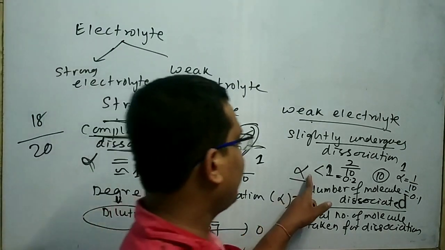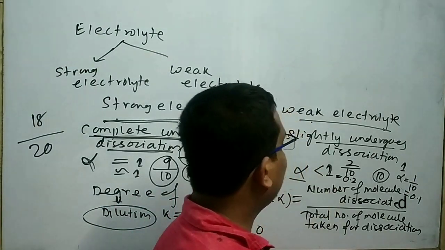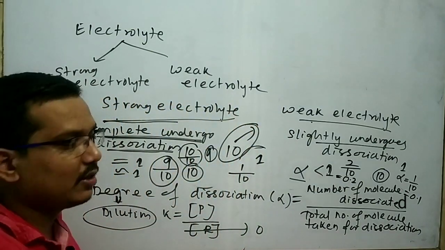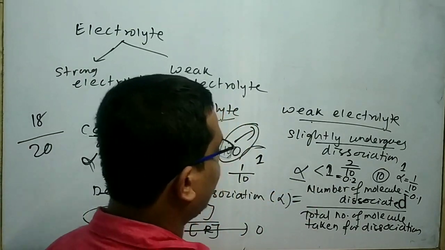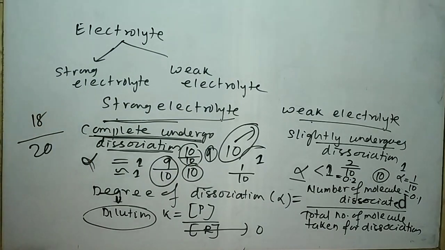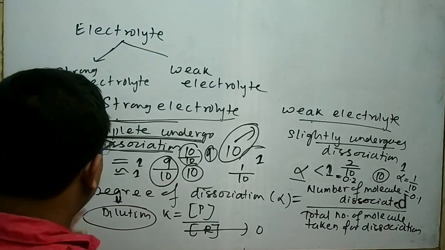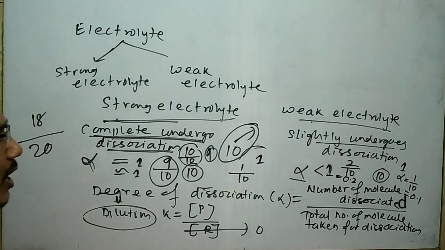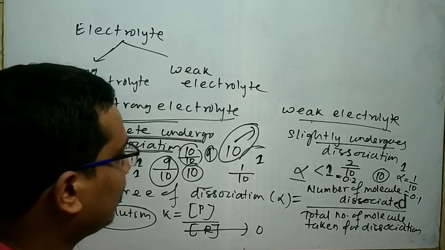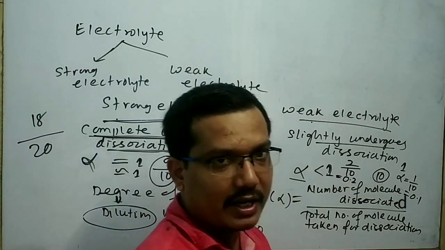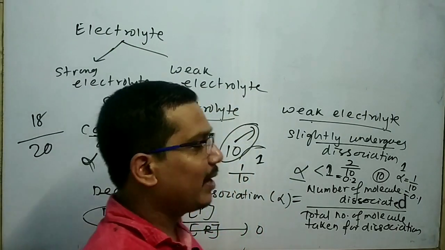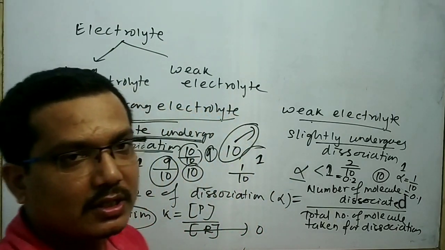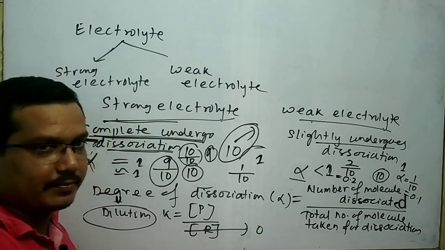But in the case of a weak electrolyte, the value of the degree of dissociation is very small as compared to 1. The third point is that in the case of a strong electrolyte on dilution, the degree of dissociation is almost constant. But in the case of a weak electrolyte on dilution, the value of the degree of dissociation changes appreciably.